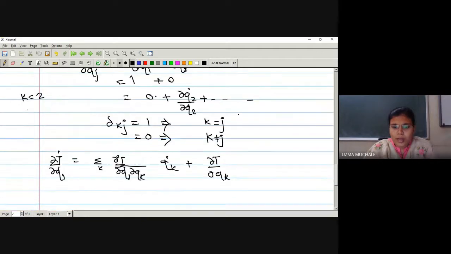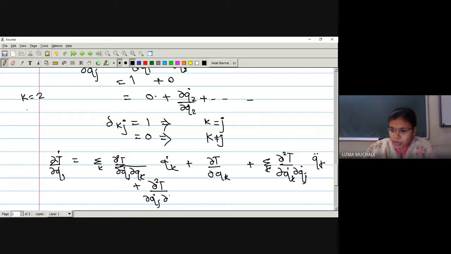Hence the summation evaluates and we have ∂T by ∂qk. Plus the next term: summation over k of ∂²T by ∂qk dot ∂qj dot into qk double dot. Plus the last term we remain with: ∂²T by ∂qj dot ∂t.